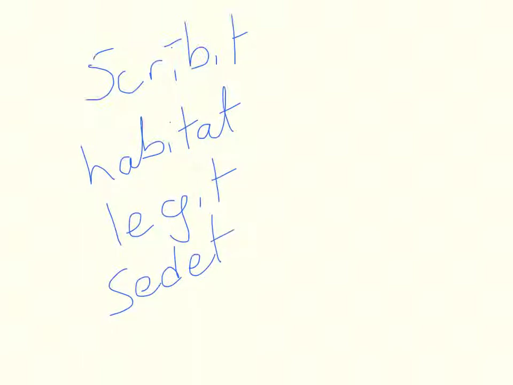Look at the position of those words in their sentences. They always come very close to the end of the sentence. Note also that they all end in T. That's a good sign that it's a verb here for us in this first chapter.